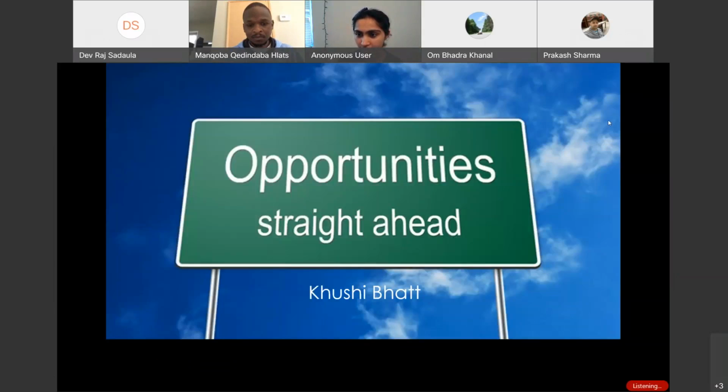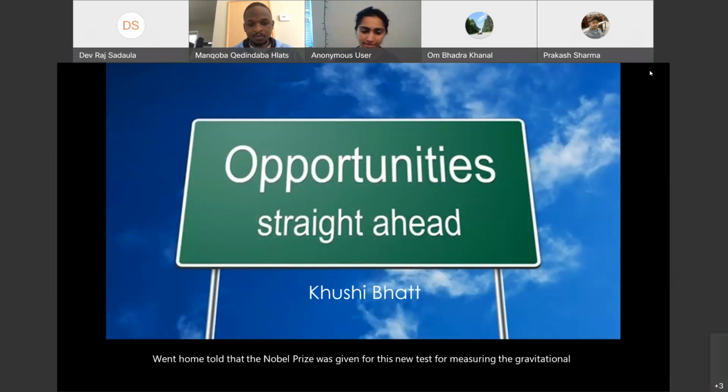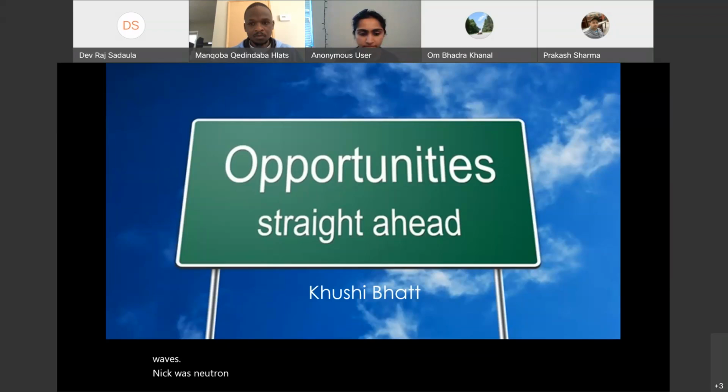Om told that the Nobel Prize was given for this neutron star merger, right? No, I told it was for the gravitational wave measurement, the gravitational waves that were emitted from the neutron star merger. Was that from a neutron star merger or from a black hole merger? Neutron star merger, I think. Yeah, it was neutron star. But there was big news that 30 solar mass black holes were detected.